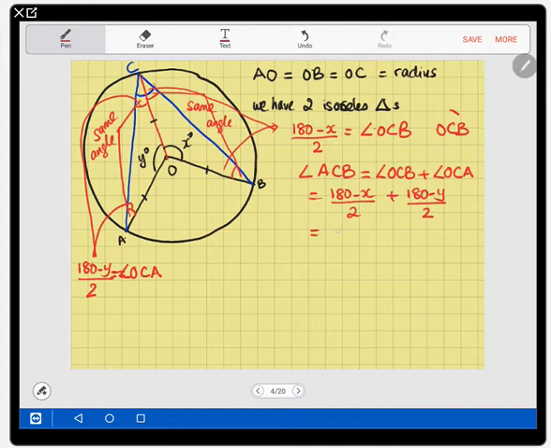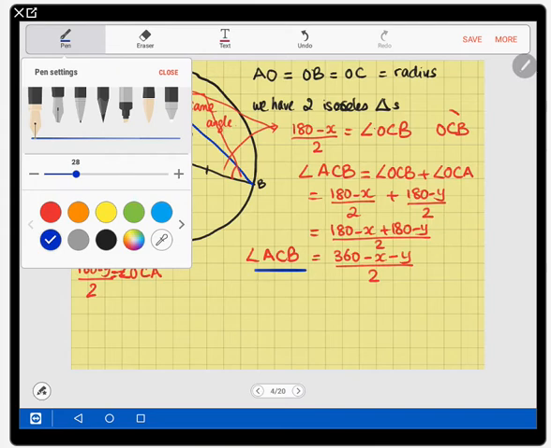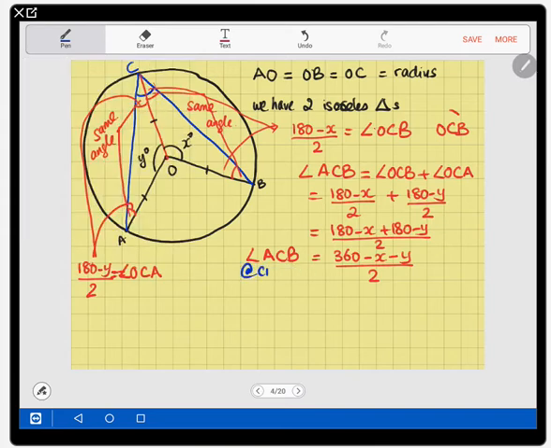We will get 180 minus x plus 180 minus y, the whole lot, divided by 2, which is equal to 360 minus x minus y divided by 2. Right? This is angle ACB, and this angle is at circumference. Now, what is the angle at the center?